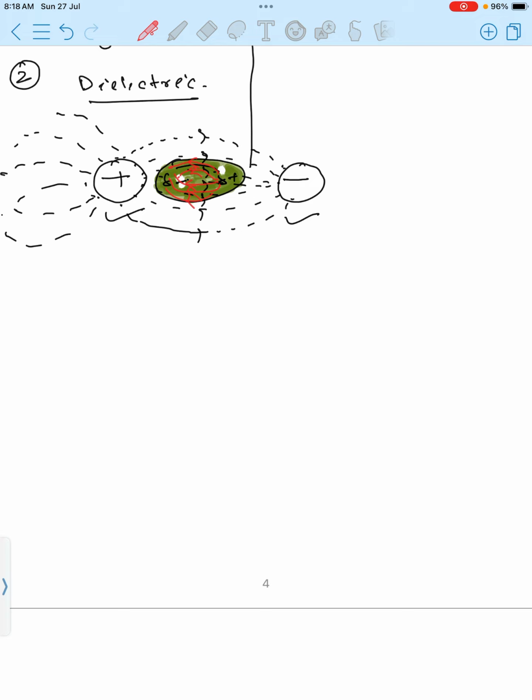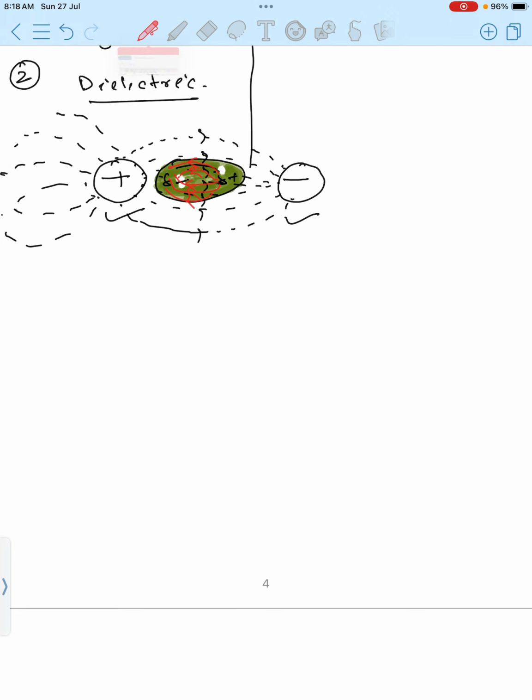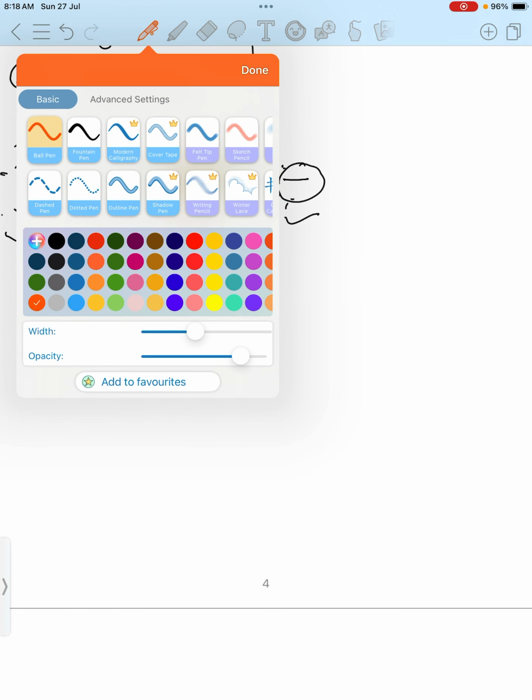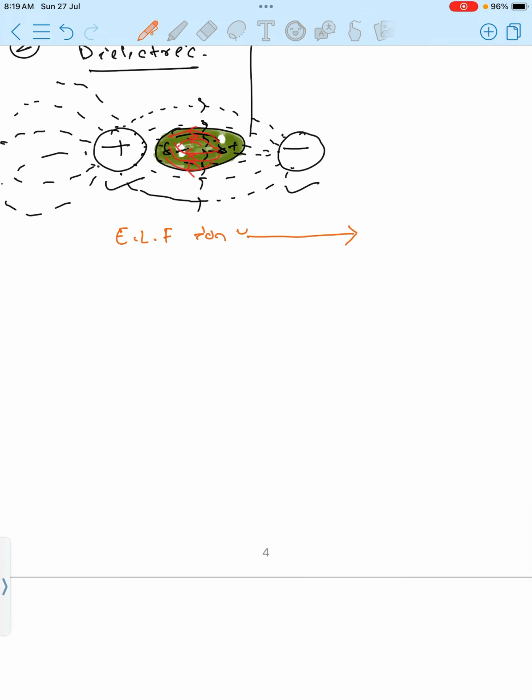So what is actually happening? It is very interesting that the electric lines of forces created by the ion is acting in this direction, but inside the solvent molecules the electric lines of forces, this is in the ions and this is the solvent molecules, this is acting in this particular direction.